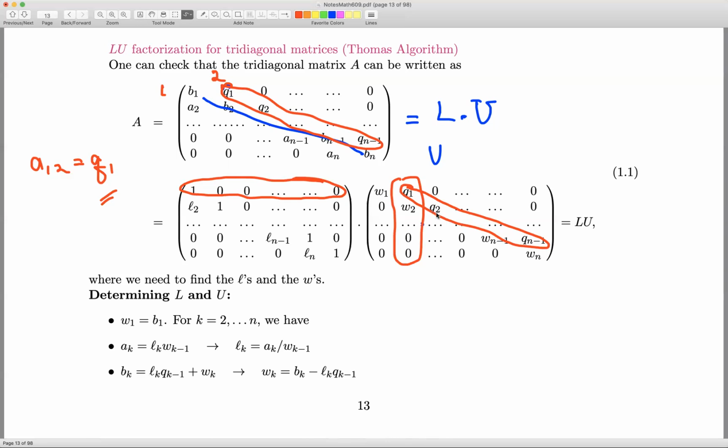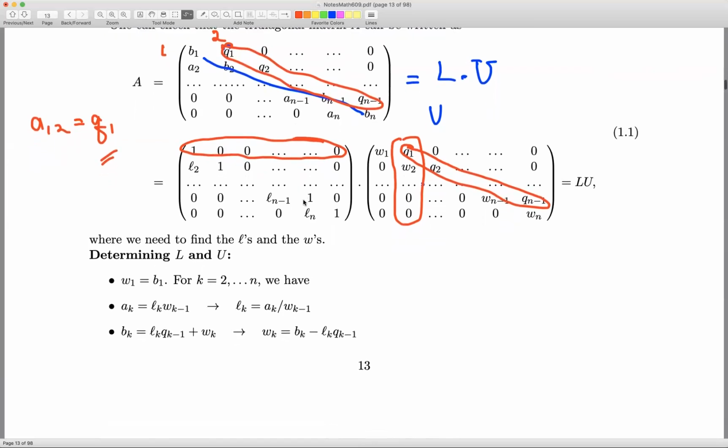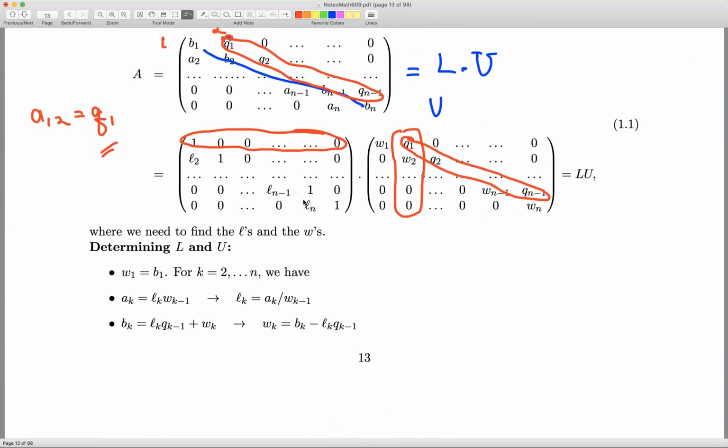And then, the same way, one can check that all the elements above the main diagonal of U have to be the same as all the elements above the main diagonal of the matrix A. This simplifies the problem even further, in the sense that the only unknowns we need to find in the LU factorization are the components L of the lower triangular matrix, which are the elements on the diagonal below the main diagonal, and the components W of the matrix U, which are the elements on the main diagonal.